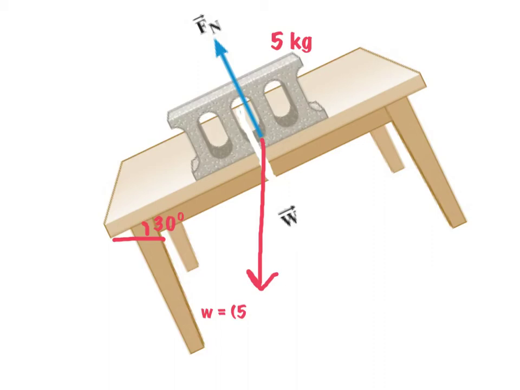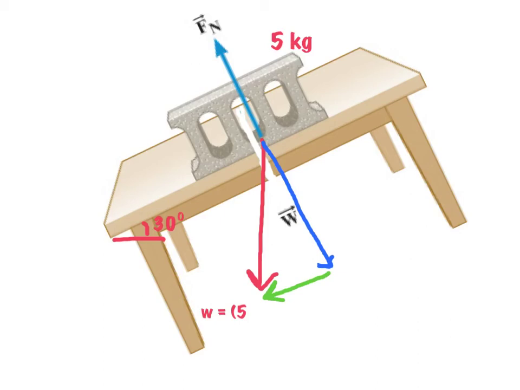Now, our weight has a component that is perpendicular to the table, and a component that is parallel to the table. And it just so happens that those are our x and y axis.